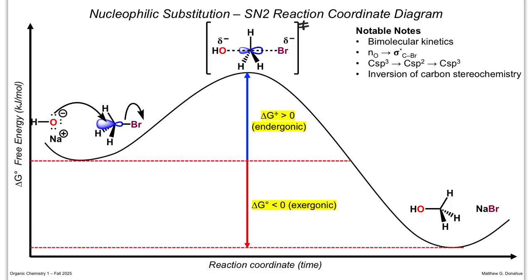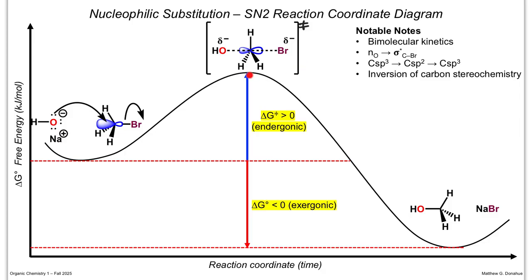It doesn't happen like on a quantum scale where it's either on or off. There are these distances that change. It never goes from not bonded to bonded. And so as you move up this hill, notice it's increasing in energy to this highest point.